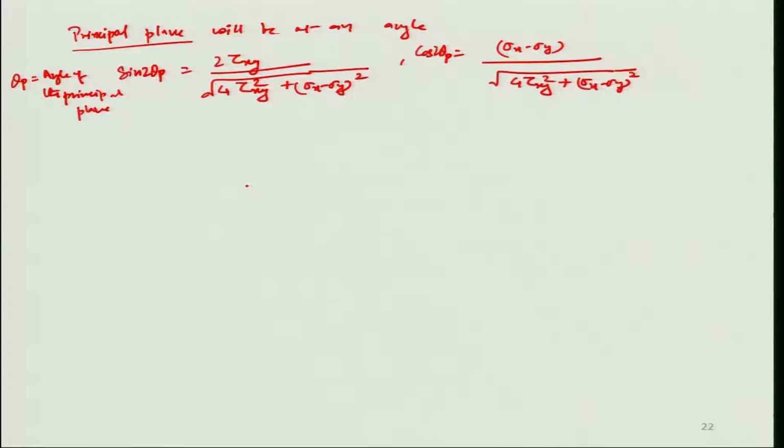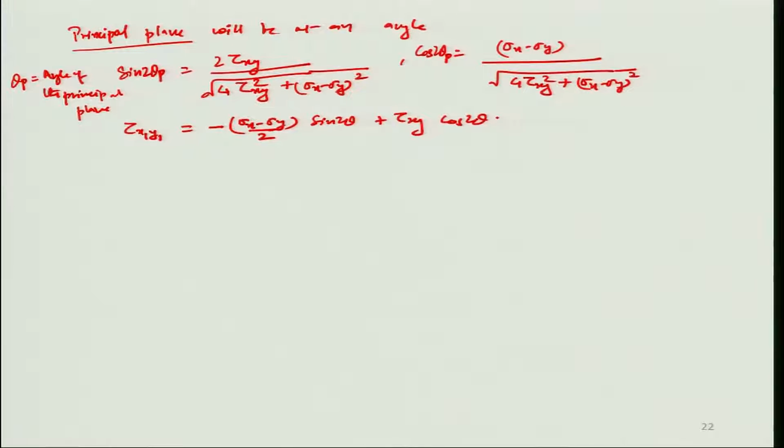maximum shear stress, which is given by tau x1 y1 equals minus sigma x minus sigma y by 2 sine of 2 theta plus tau xy cos of 2 theta.